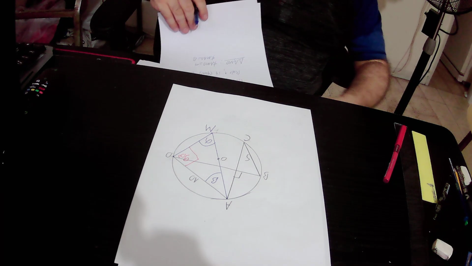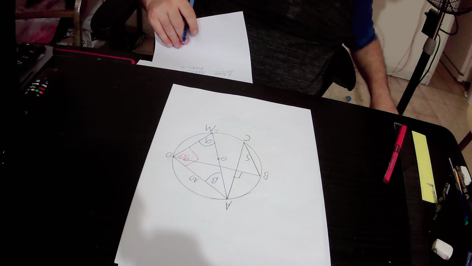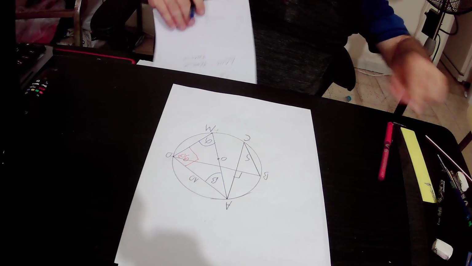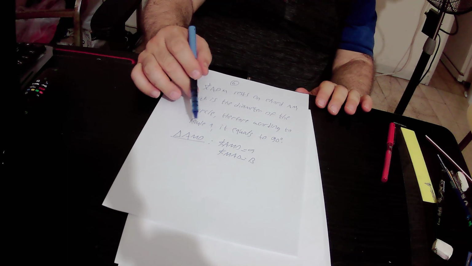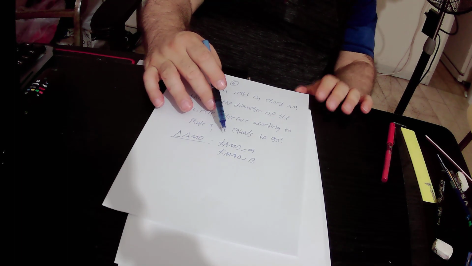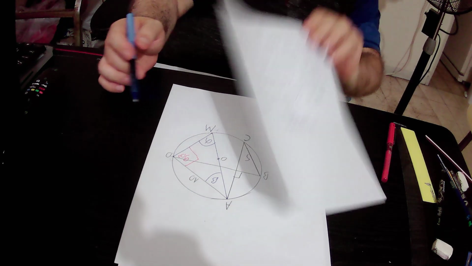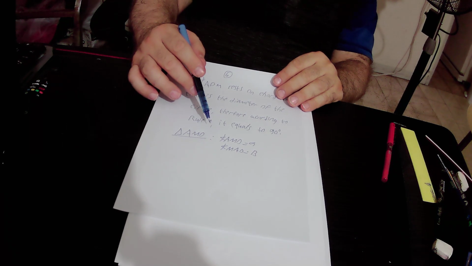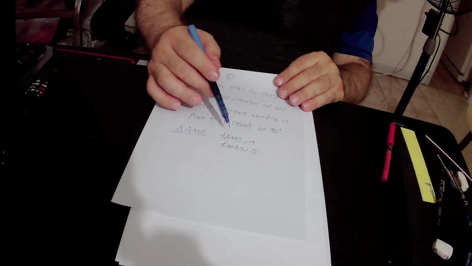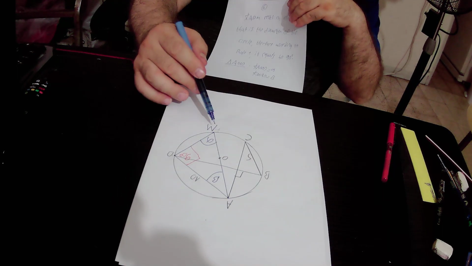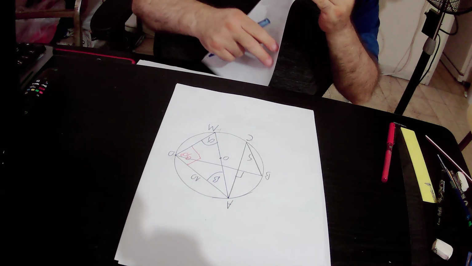Okay. So in the right triangle AMD, angle AMD equals alpha, and angle MAD equals beta, according to our definition.